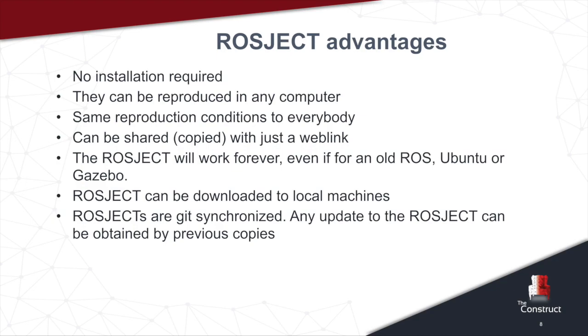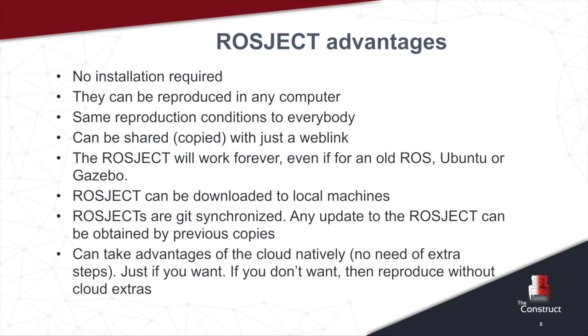Any modification to the copied Rosject will not be transferred to the original one. They are independent. So a way of avoiding this independence is by using Git inside the Rosject. All the code that you put inside the Rosject is a Git clone, so you can then update, pull, push, etc.